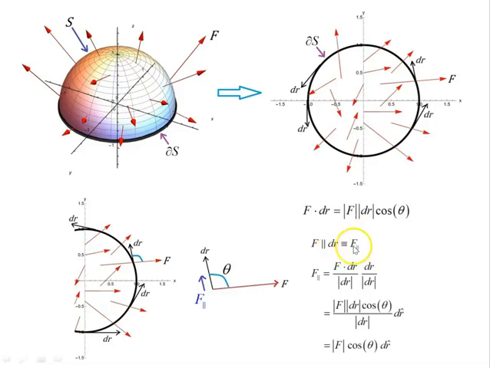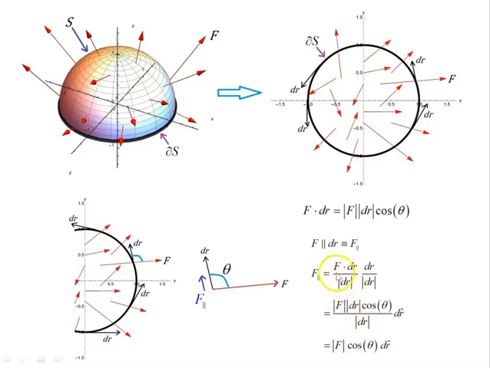So this is a vector which is parallel to dr at some given point. By definition, using vector projection, the part F parallel is F dot dr over the magnitude of dr, times a unit vector in the direction of dr, which is dr over the magnitude of dr. I'll call that unit vector dr hat.